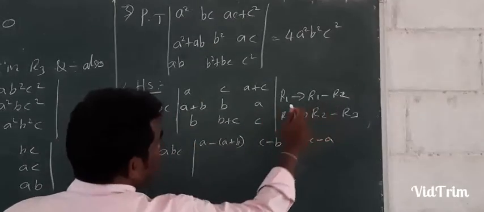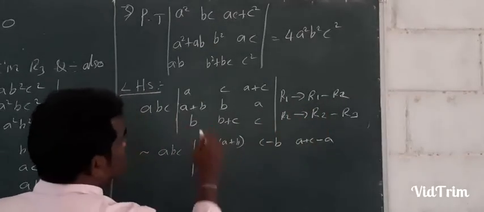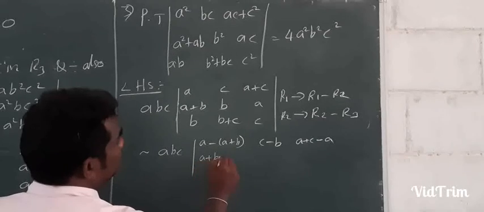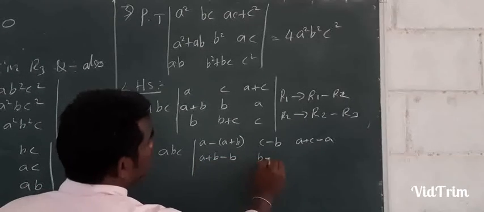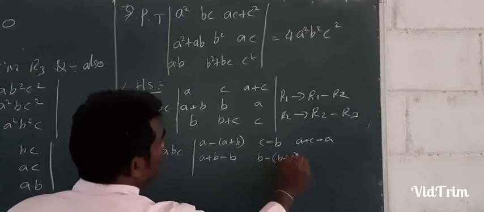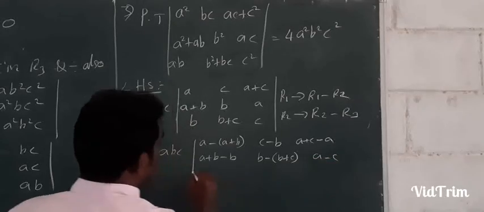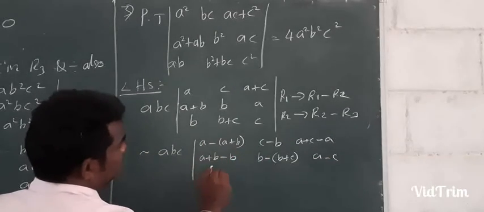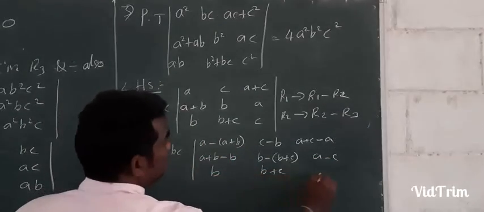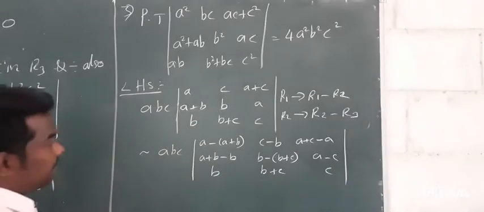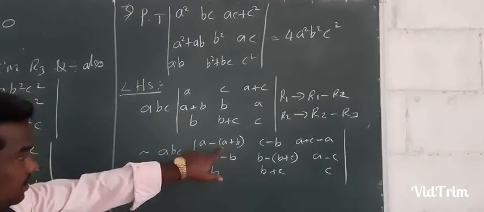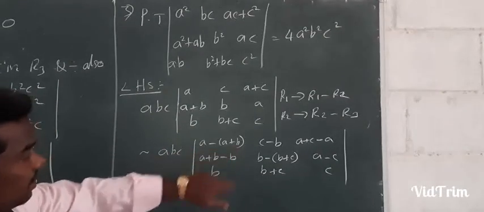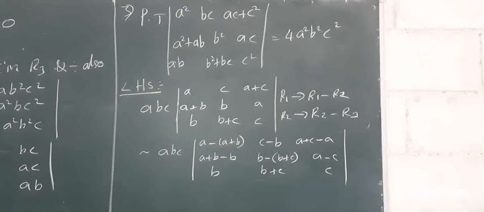That is the first row. Second row, R2 minus R3: here A plus B minus B, and B minus B plus C, and A minus C. R3 as it is, B plus C, C. So the remainder term: A minus A cancels, only minus B will come.